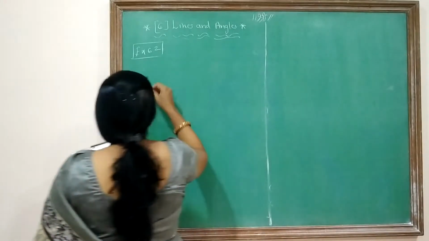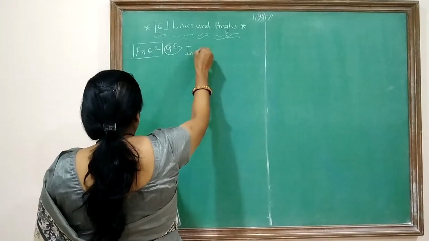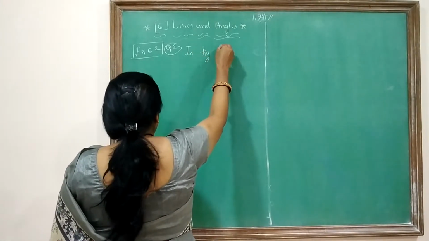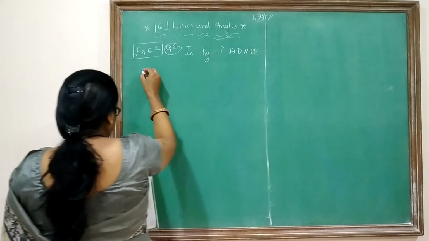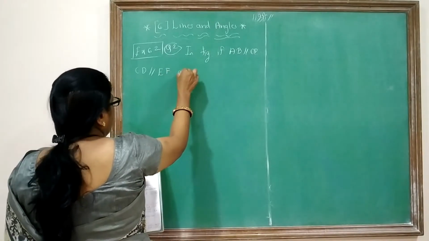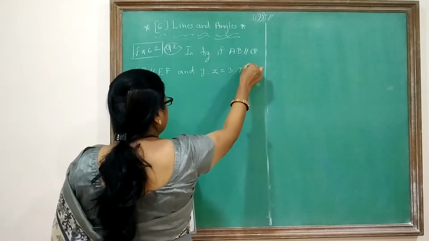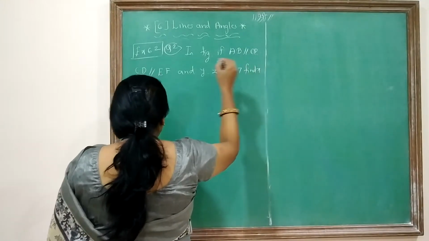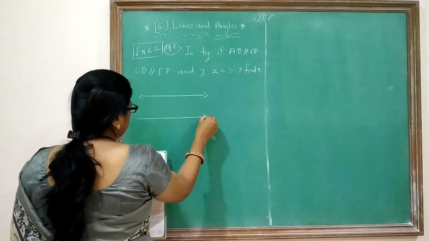Then your next example is question number 2. In the figure, AB is parallel to CD, CD is parallel to EF, and y:z equals 3:7. Then find x and draw the diagram. This diagram is given in your textbook.